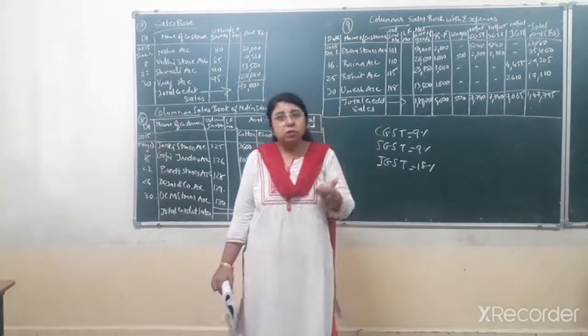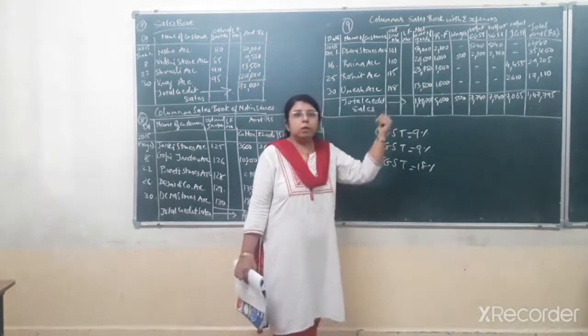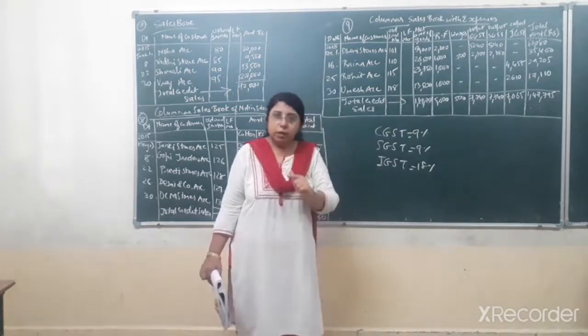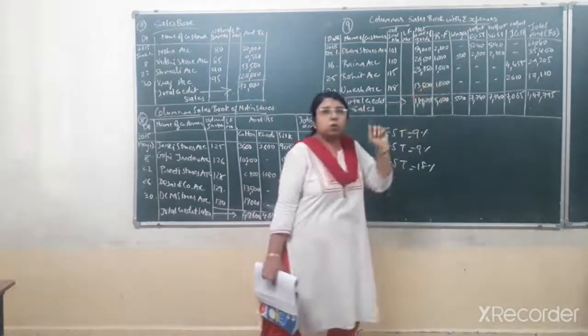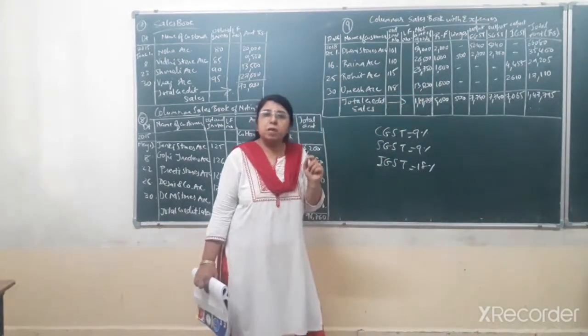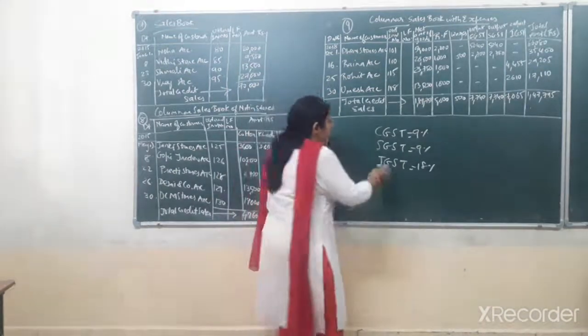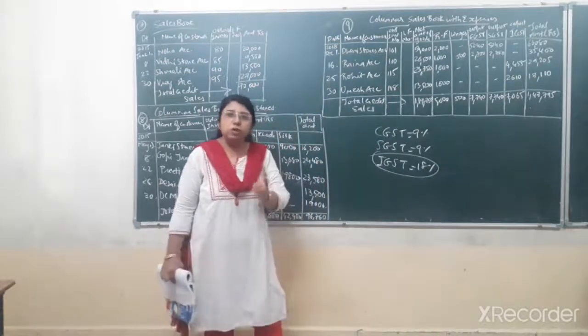So considering this transaction fully as a credit transaction, it will be recorded in the columnar sales book. That's why we consider this transaction fully as a credit transaction. Okay. So 23,750 plus 1,000 would come to 24,750. On 24,750, we will apply IGST at 18% because it is a transaction between two different states.